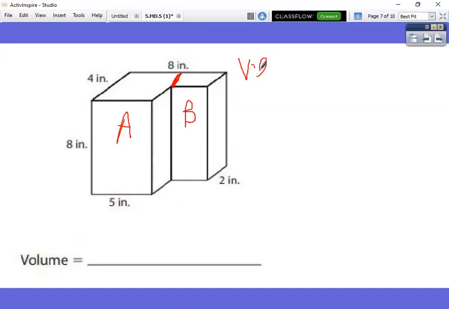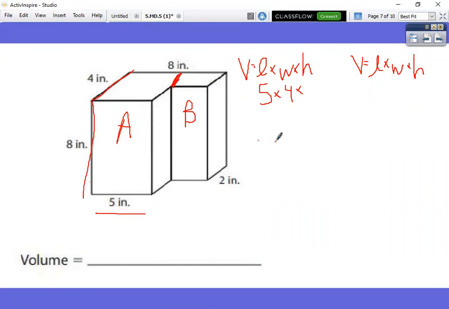So I'm going to go ahead and write that down twice. That way I don't forget that I have to do this 2 times. When I look at prism A, my length is 5, my width is 4, and my height is 8.